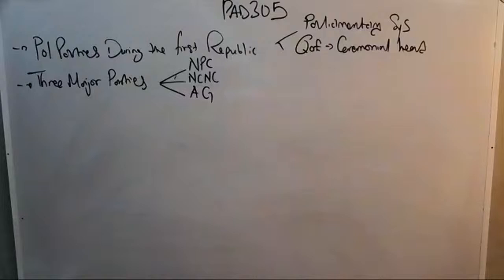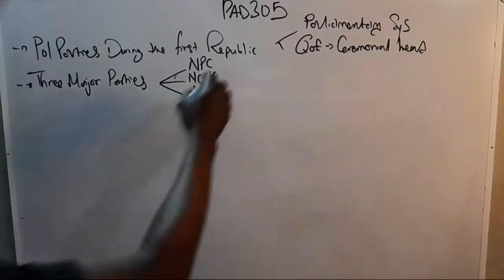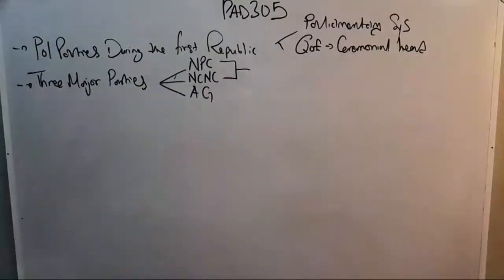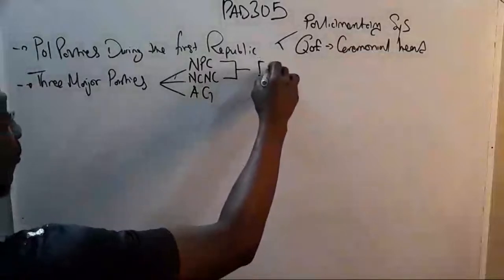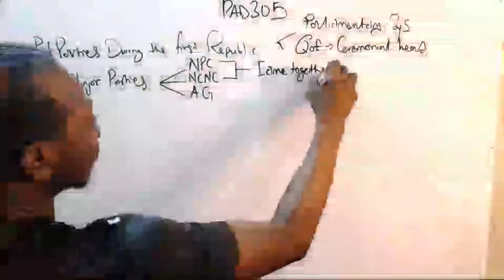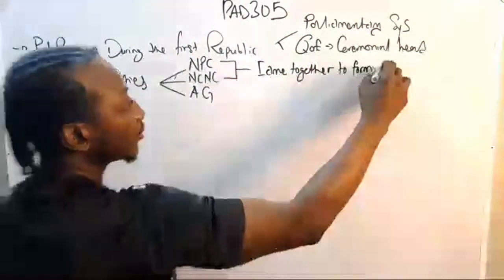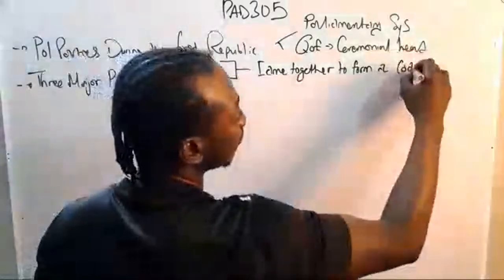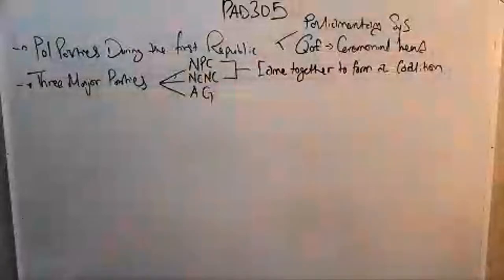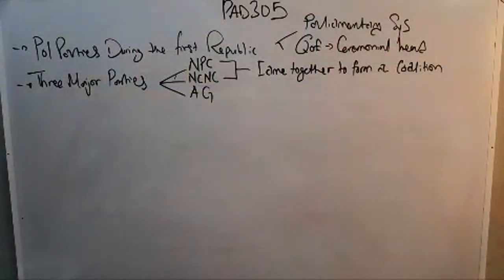The NPC and NCNC came together to form a coalition, since individually they were not strong enough to singularly form the federal government.